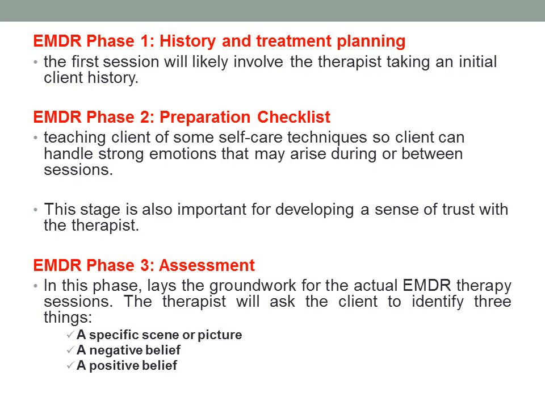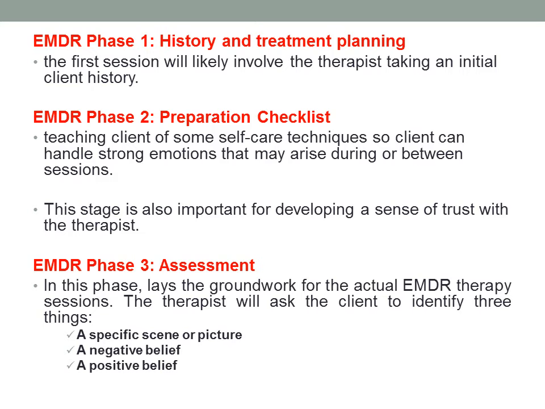The second one is a negative belief about oneself that is associated with the traumatic event, such as I am helpless, I am worthless, and I am a bad person. The third thing is a positive belief that the client would rather believe about oneself.